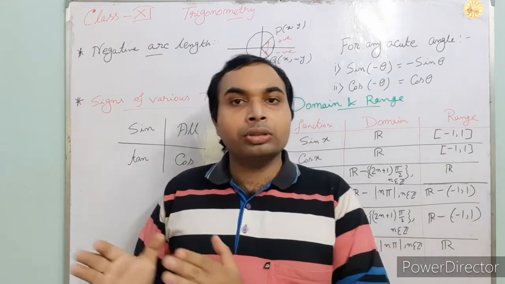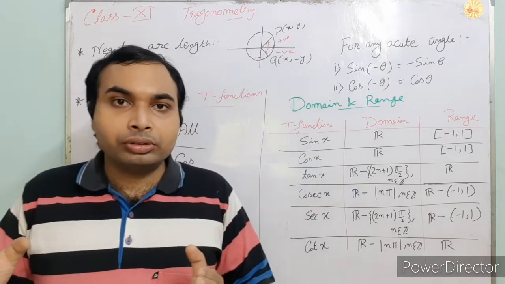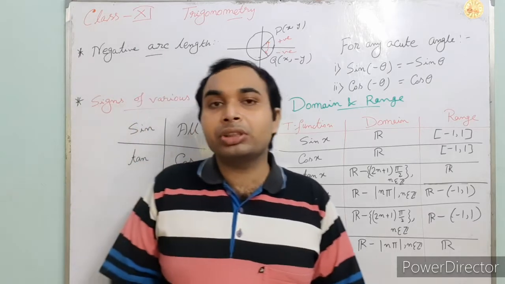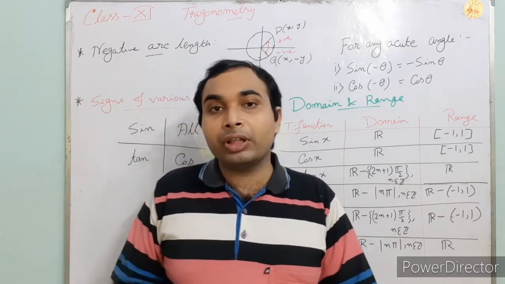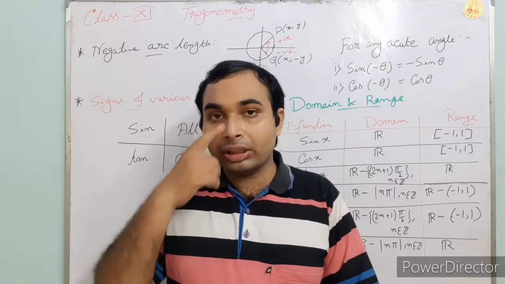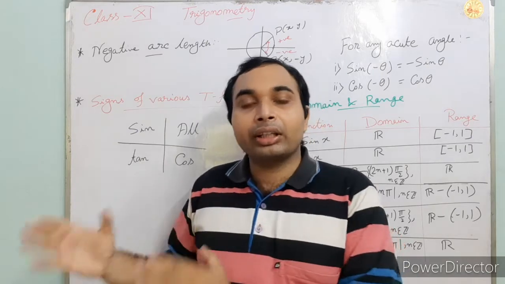I am also going to say one thing: in your physics and chemistry, the limits and the concept of the derivative are very important now, and after that the integration is there. So we will try to start the calculus part.